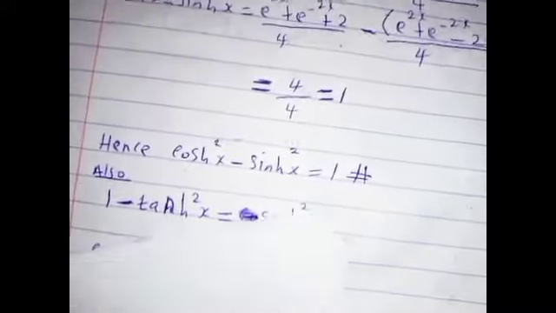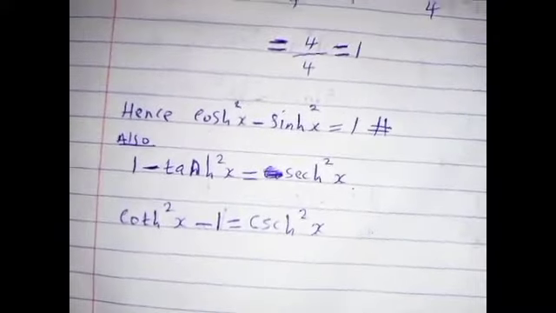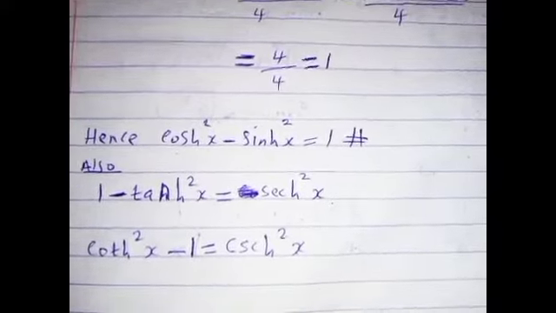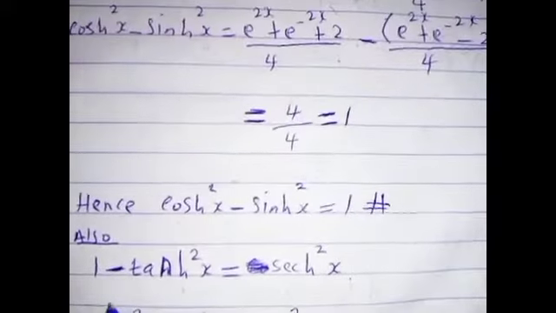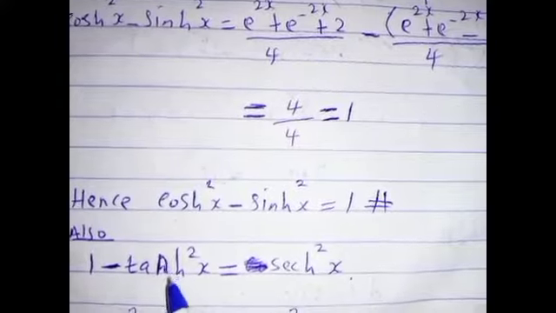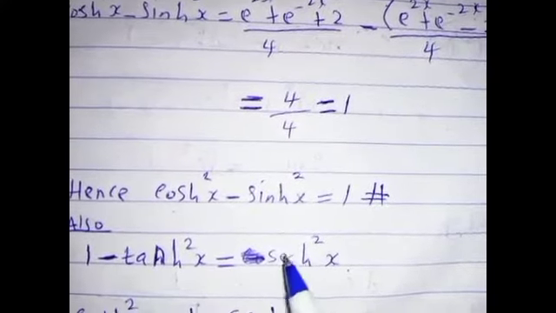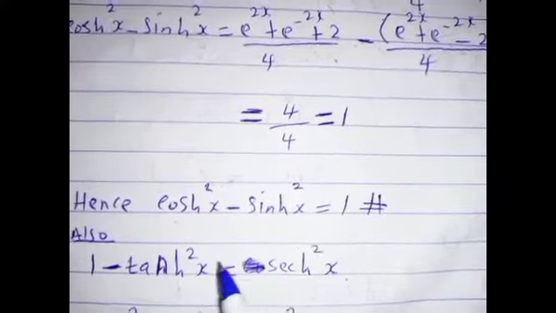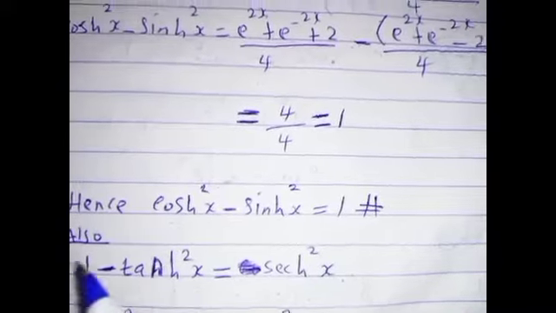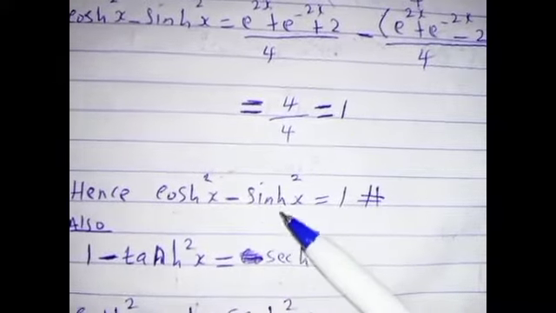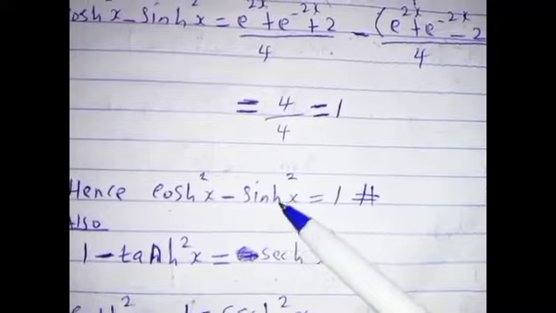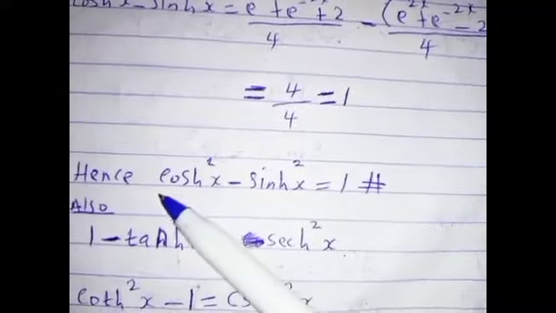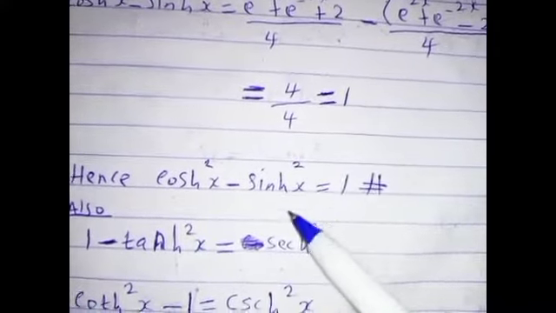In the same way, it can be shown that 1 minus tanh squared x is equal to sech squared x. This is derived from here, whereby we divide by cosh squared x on both sides.